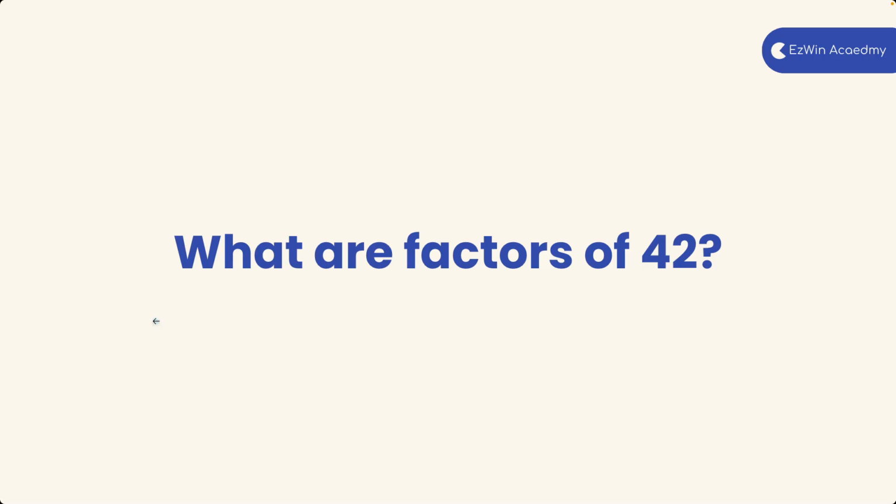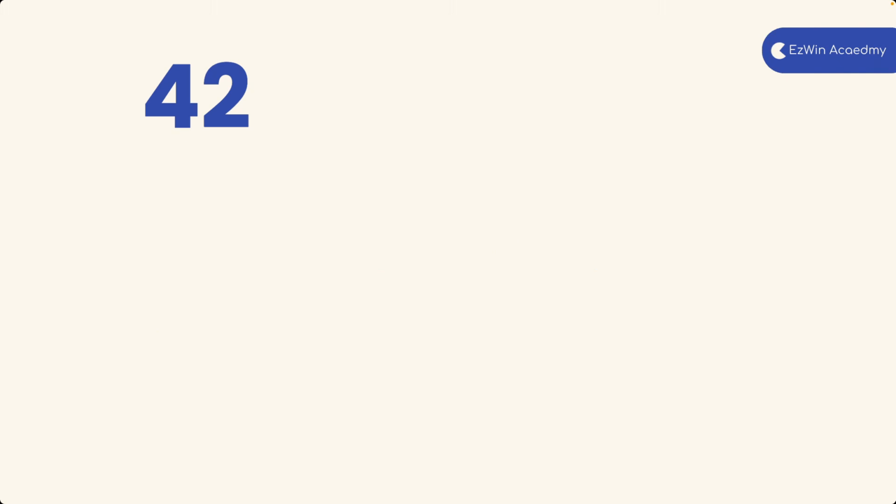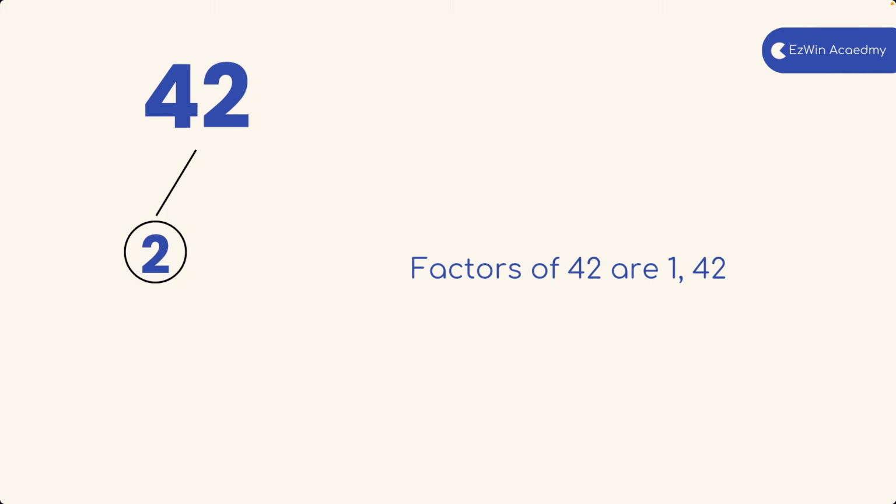So what are the factors of 42? Usually, you can say the factors of 42 are 1 and 42, because 42 divided by 1 is 42. The next number we can divide 42 by is 2, right? Can 42 be divided by 2? Yes. What will it give us? 21.